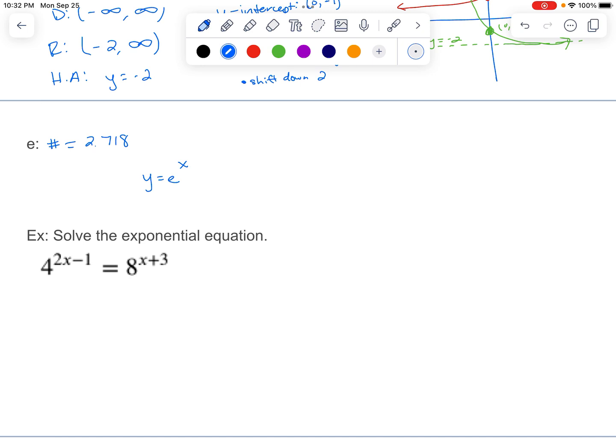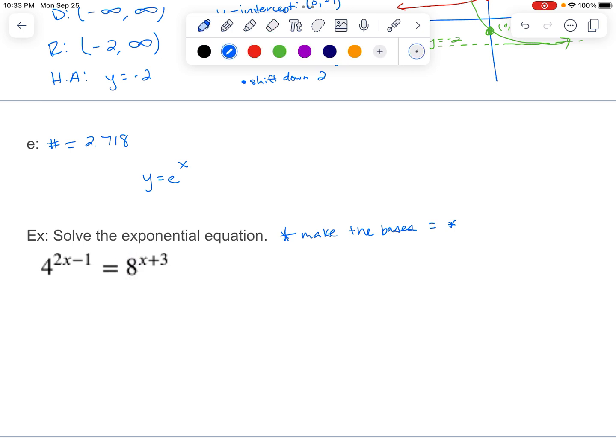So when you have an exponential equation and you're trying to solve for x, right now you are not using logarithms. The key here is to make the bases equal. So for instance, we've got this 4 and we have that 8. Can you rewrite it so that those bases are the same?